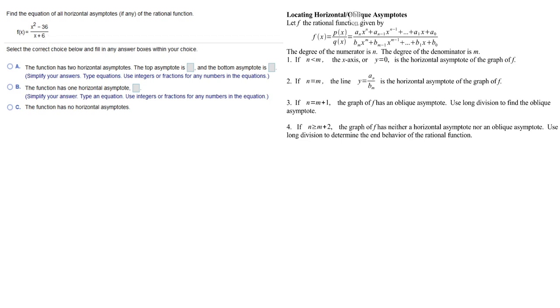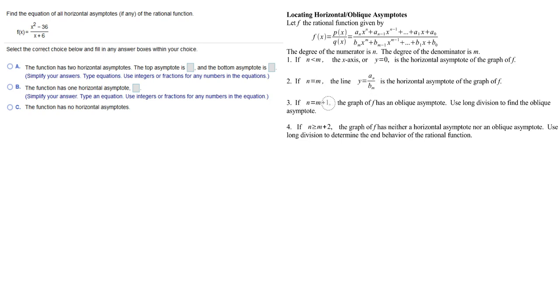So to find horizontal and oblique asymptotes, we have this set of rules that we have to memorize, and these rules are all based on n and m. And n is the degree of the numerator, m is the degree of the denominator. So if n is less than m, we have a horizontal asymptote at y equals 0. If n equals m, we have this calculation for finding the horizontal asymptote.